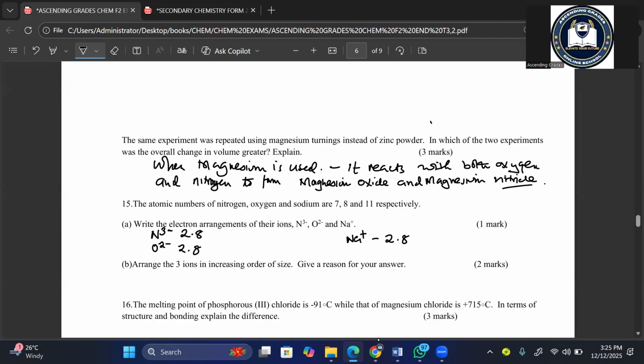So nitrogen will acquire 3 electrons from 2.5 to have 2.8. And then oxygen will acquire 2 to have 2.8. Then we have sodium will lose 1 from 2.8.1 to 2.8.